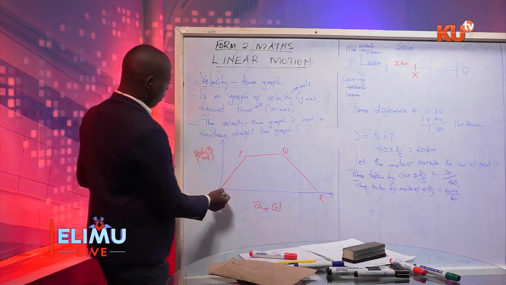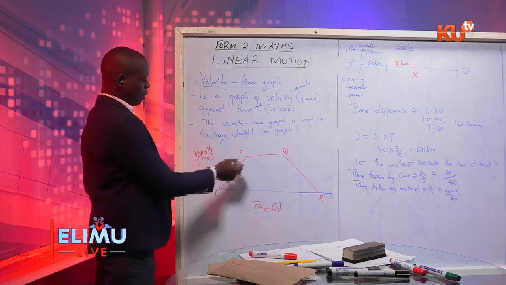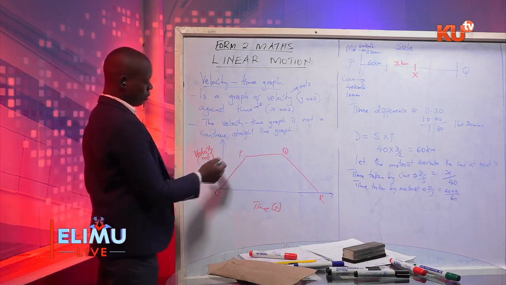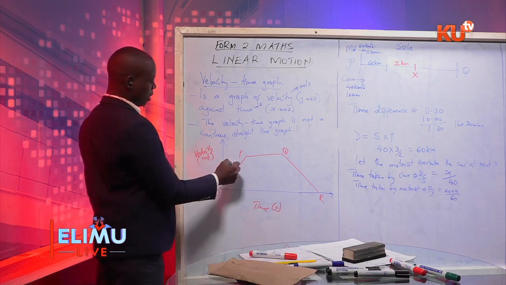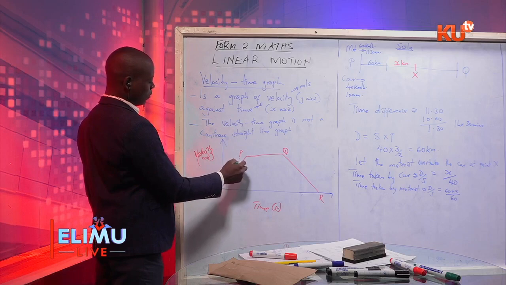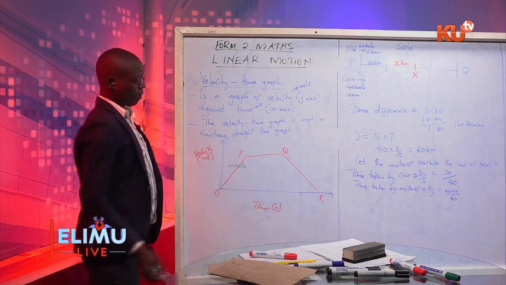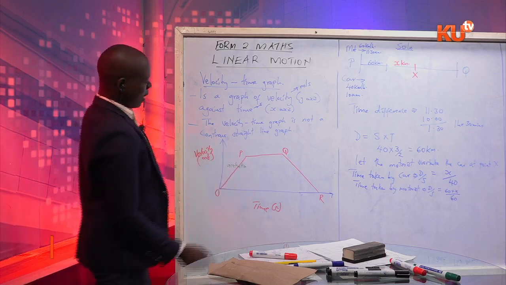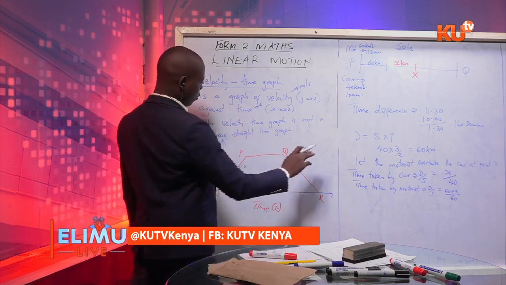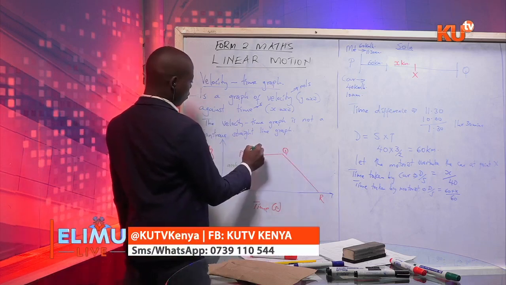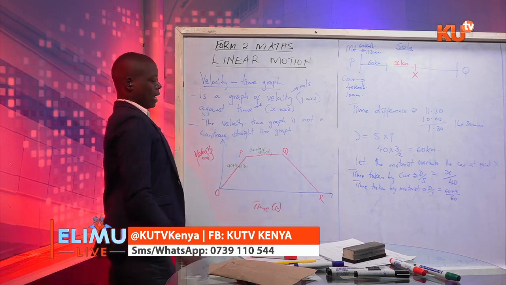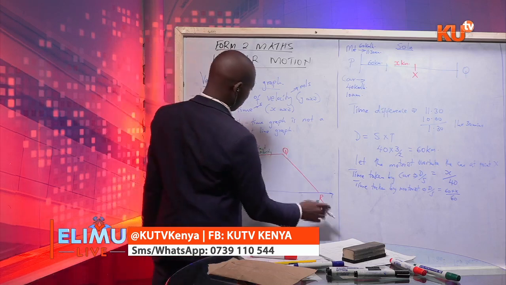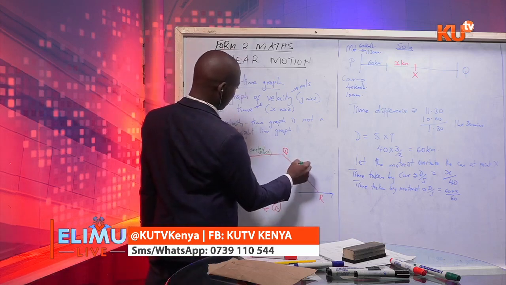We're talking about OP. The object or the particle is rising, so it's moving with acceleration. So here we have acceleration. At PQ, when this is horizontal, this is where we talk of constant velocity. And lastly, at QR, we talk of deceleration.